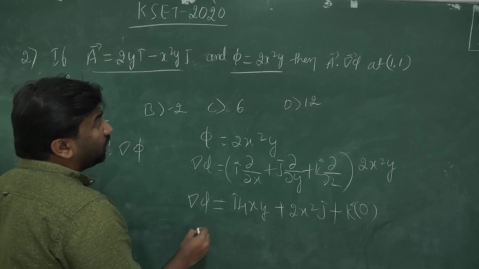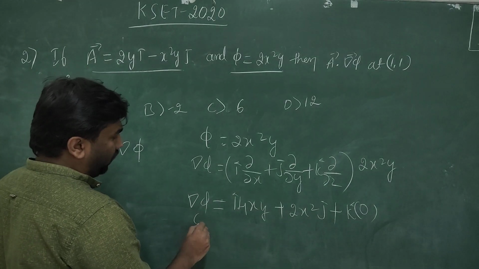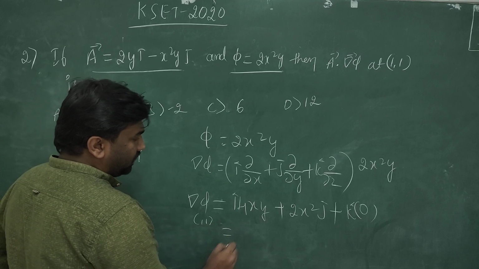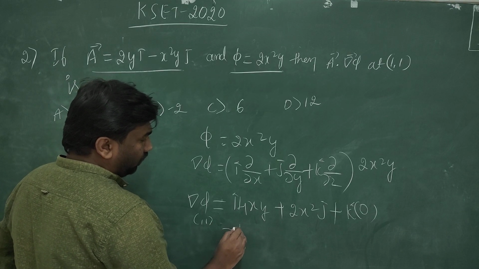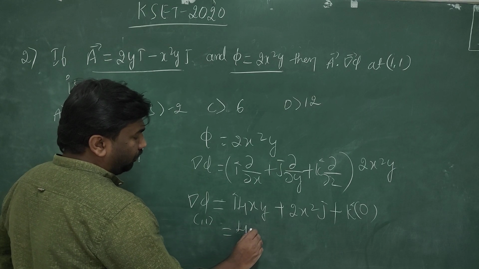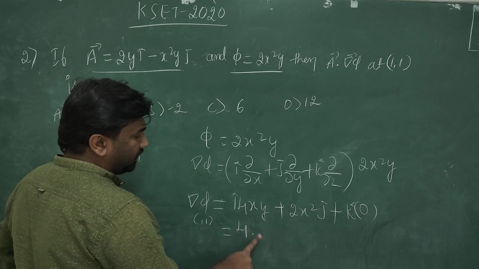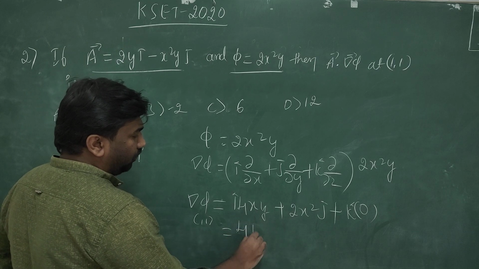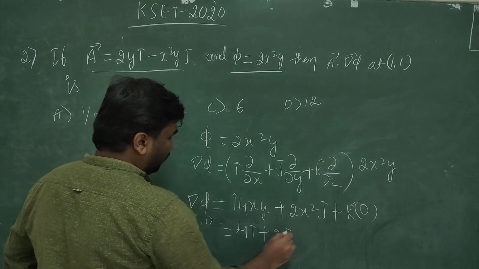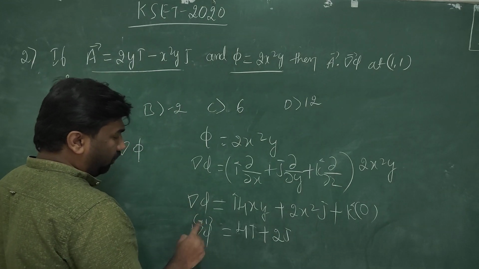And del phi we have to calculate at (1, 1), that means x is equal to 1, y is equal to 1. So 4x, x is 1, y is 1, 4 I cap plus x is equal to 1, so 2 j cap. So this is del phi at (1, 1).